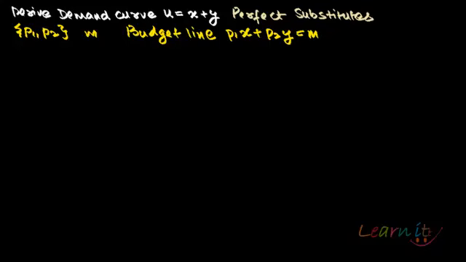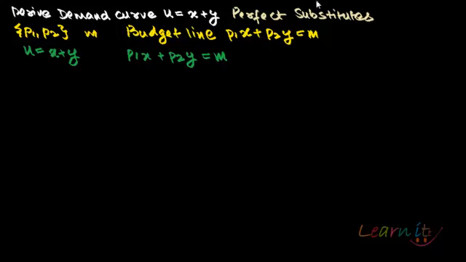And of course your utility function is u is equal to x plus y, and the budget line is P1x plus P2y equals M.